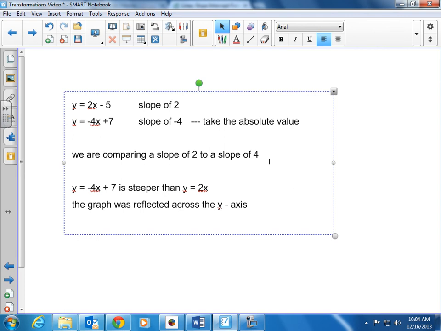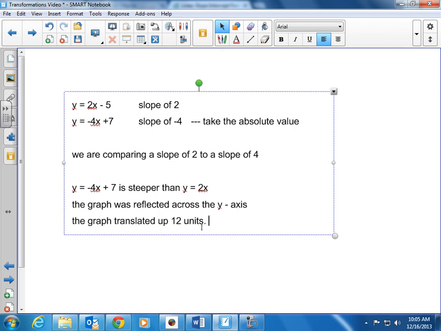So we know that the y-intercept affects the graph moving up and down the y-axis. To get from negative 5 to 0, we have to move up 5 units. To get from 0 to 7, we have to go up 7 more units. So 7 plus 5, we get 12. So the graph translated up 12 units.